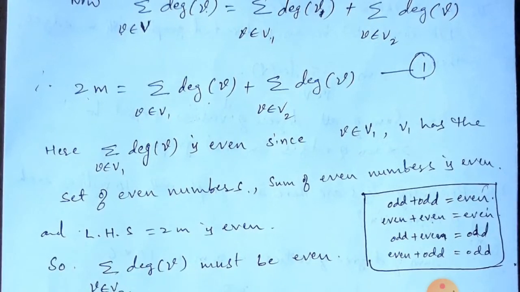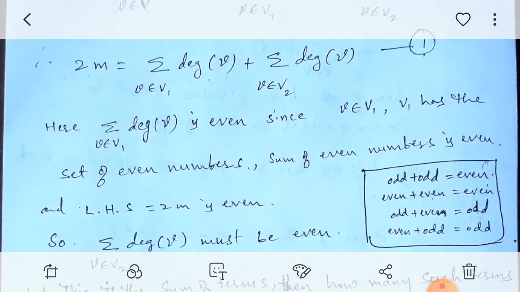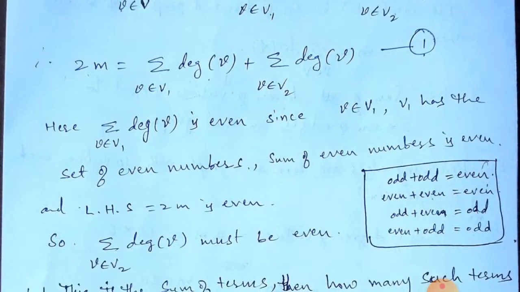So the LHS is even, then automatically the right side should be even, so the total should also be even.